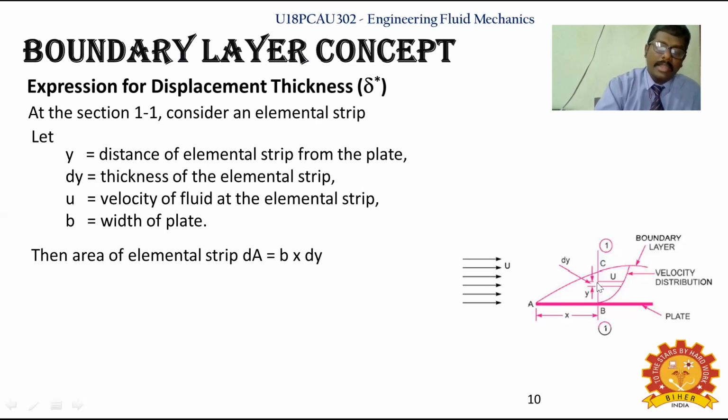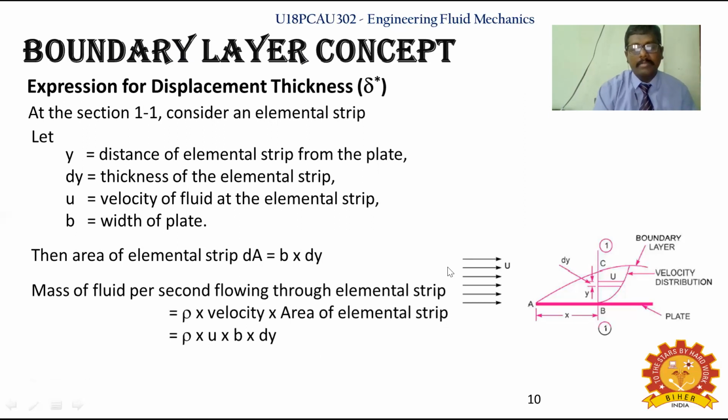If you imagine it isometrically, the width goes in this direction. So you have dA equal to dy into b, the width times the dy thickness. That is the area of the elemental strip.